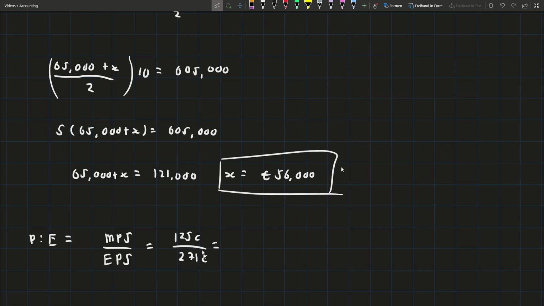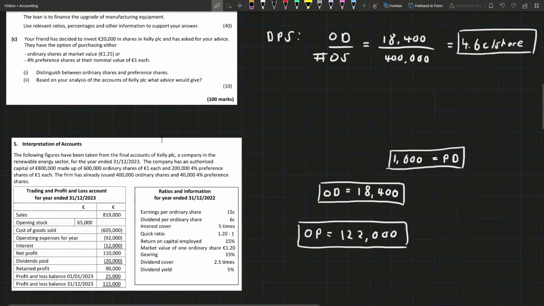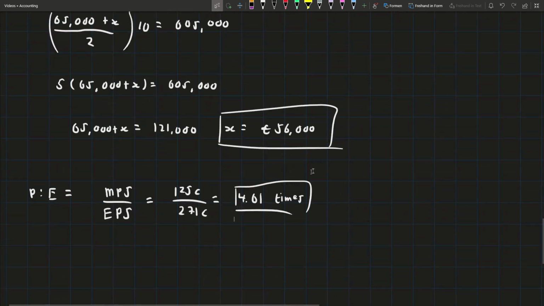They'll cancel. That's nice. 125 over 27.1 equals 4.61. And then that's a ratio. It's just times. How many times does this fit into that is all it means. So basically it means it fits in this many times. So that means that each share earns 27.1 cents of profit.